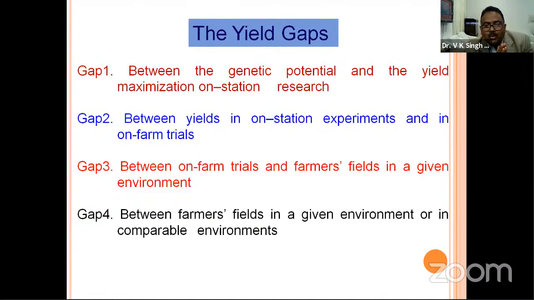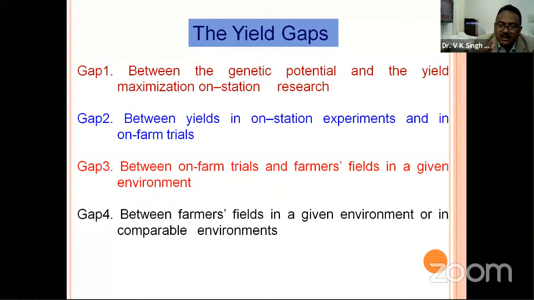Gap 4 is being addressed under the precision nutrient prescription approach: how to equalize it and how to get the maximum attainable yield of a given location or domain. That is the approach through precision nutrient prescription.